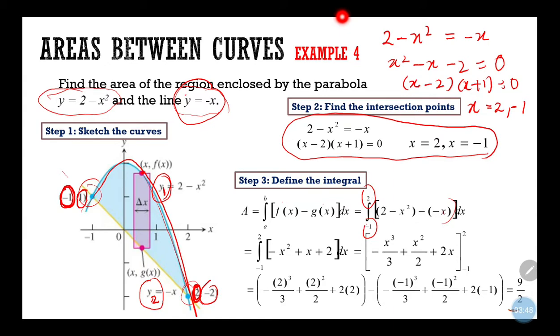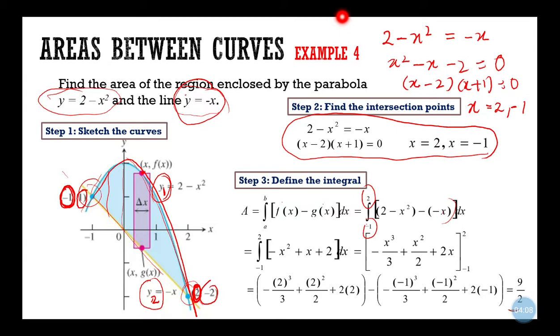Kalau yang ni maknanya we are certain already the curve f(x) is above g(x), so you are not going to put any modulus jadikan dia positif macam example 3 tadi. No, because we already sure which curve is above which curve.